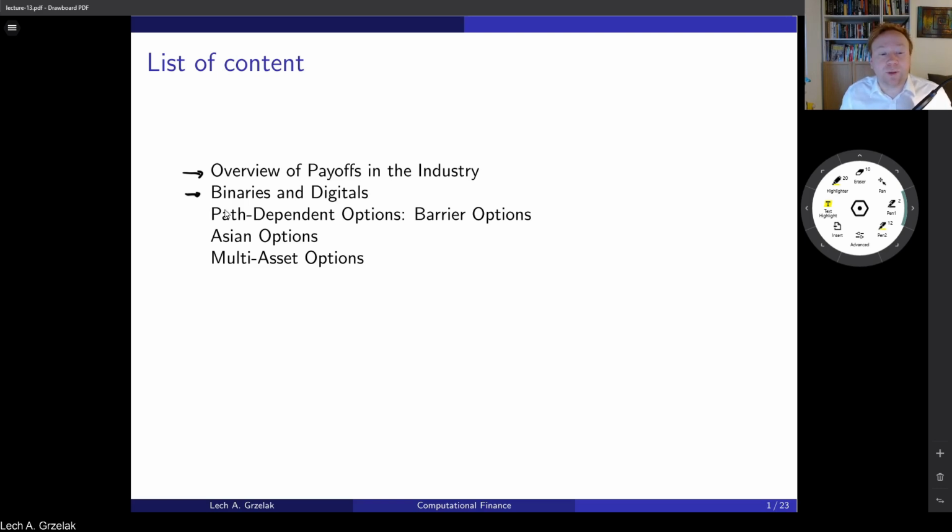Then we have path-dependent options, barrier options. This is a case where we have a payout. However, we also observe our paths from the inception, from the moment where we buy a stock or an option, until the maturity. And depending on the history of a path, we either pay something at the end or we completely don't pay anything. And that's the whole idea of a barrier.